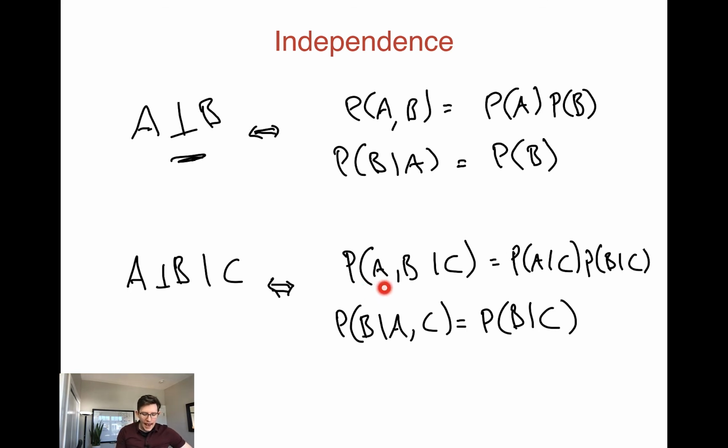Probability of A, B given C equals probability of A given C times probability of B given C. Equivalently, probability of B given A, C equals probability of B given just C. Okay, so notice that what I've written down here is exactly the same as up here, except that C just appears everywhere in the conditions. So that was your brief review of what it means for two random variables to be independent.